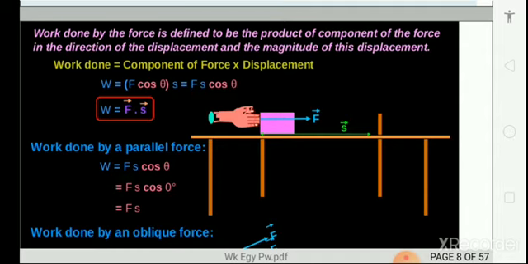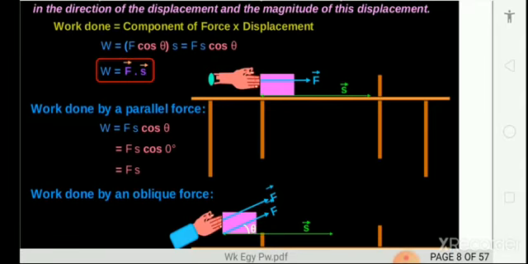Work done is equal to the component of force times displacement. That is, you can write F d cos theta in short, or F s cos theta, where F is the force and S is the displacement.